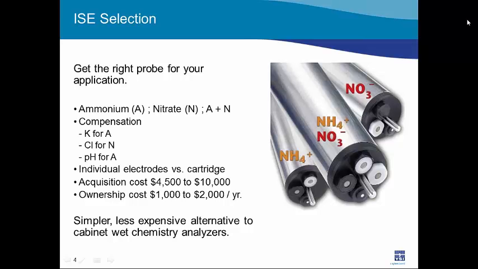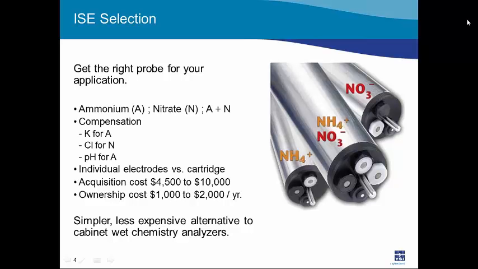Another thing to consider from the various brands that are available is individual electrodes, which is what is shown in the image here, versus a cartridge style, in which all of the electrodes are built in and are all replaced when the cartridge is replaced. From a cost standpoint, depending on what you order and who you order from, the acquisition cost varies for just the probe and the electrodes, $4,500 up to $10,000 each.